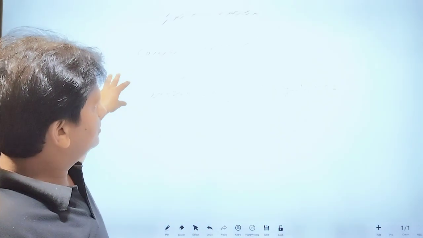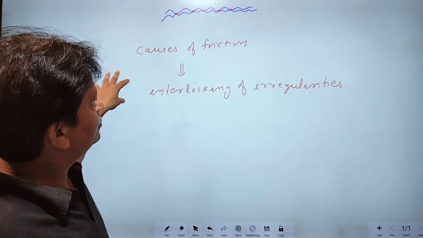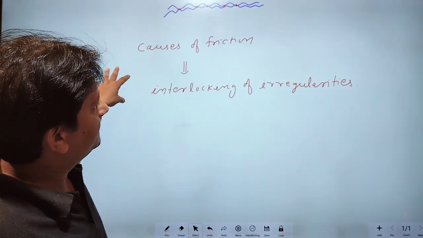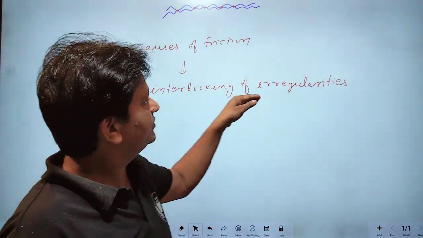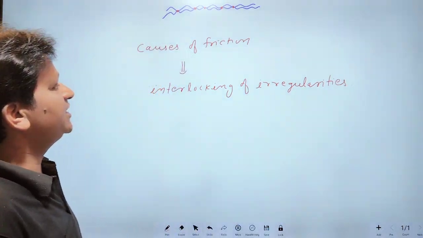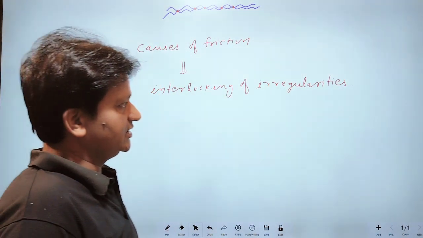Due to smoothing, irregularity decreases and friction also decreases.